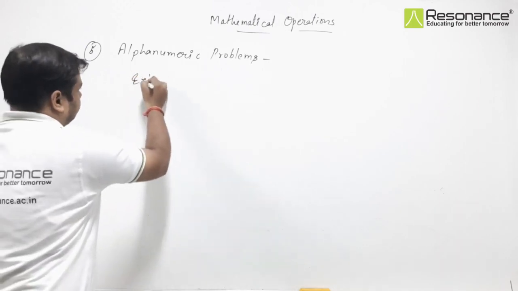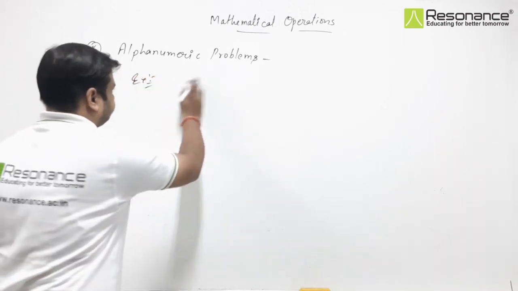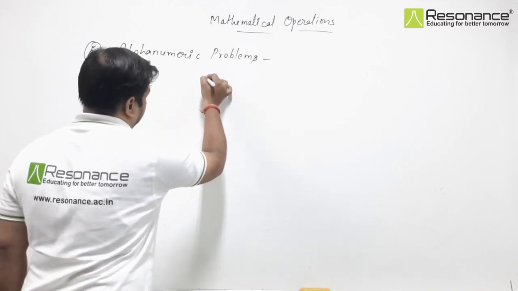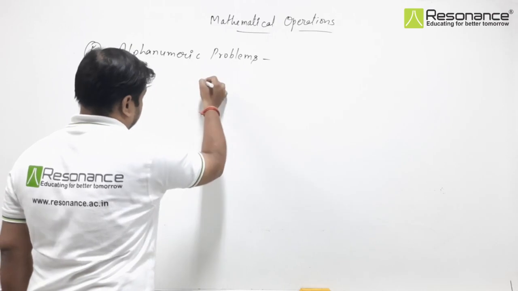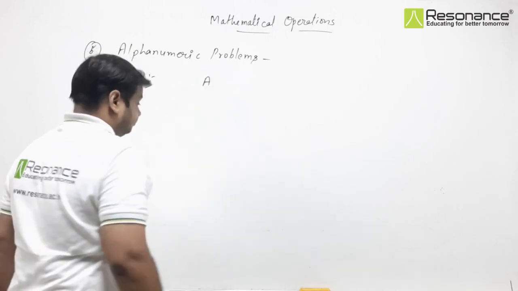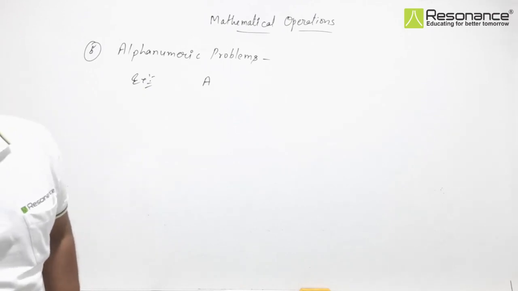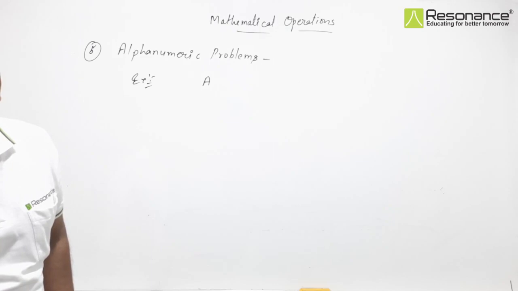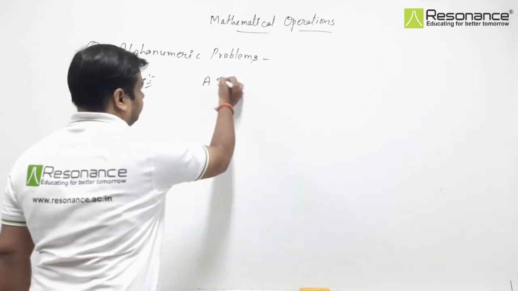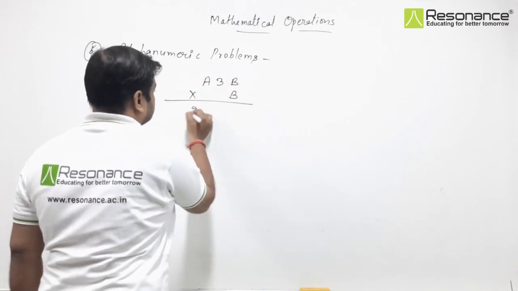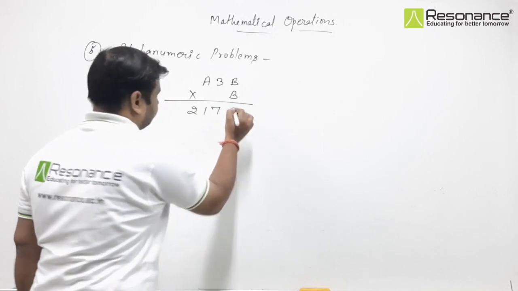Just for an example, we can say A3B multiplied by B equals 217B.